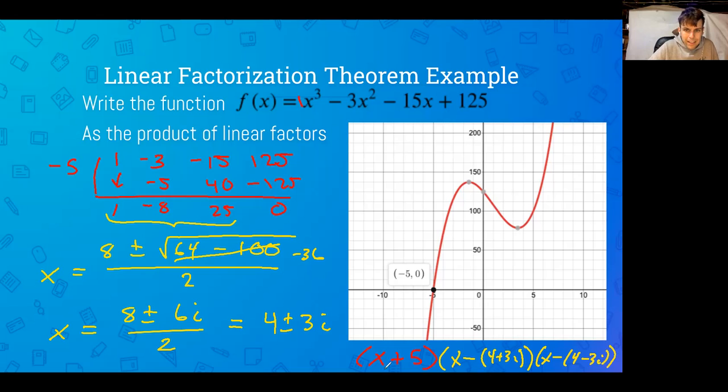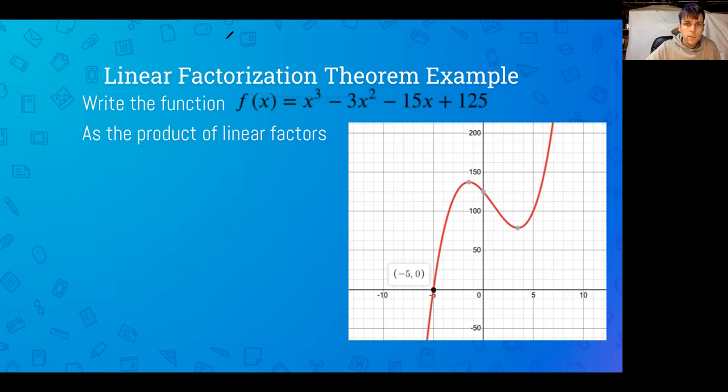So there are 3 linear factors for this third degree polynomial. Notice how we wrote the complex factors out there in parentheses, subtracting the zero. Same way this one could be written as x minus -5, right? We just shortcut that and write it as plus there.